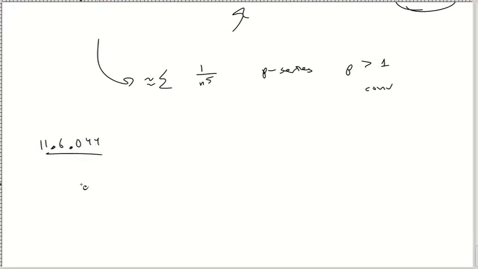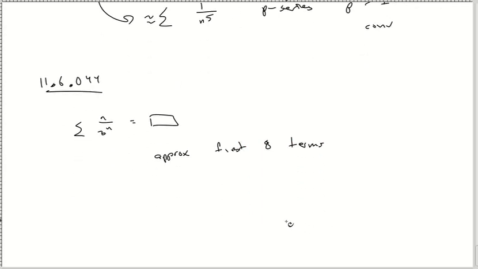So, I've got the summation of n divided by 3 to the n. This is actually strange because they want you to approximate using the first 8 terms. All right, well, what does that mean?